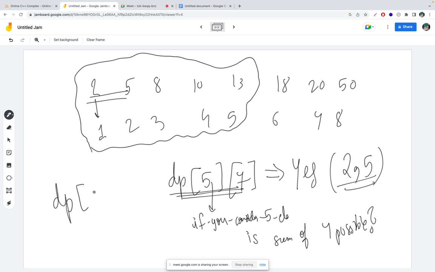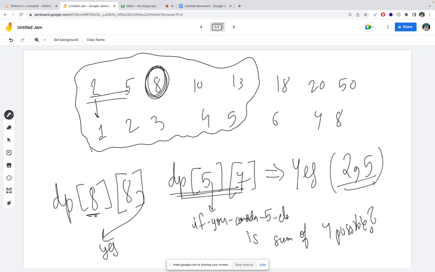Guys, DP of 8 of 8. Yes or no, Raj and others? Try to answer in the chat. How is it possible? By choosing this number, right?